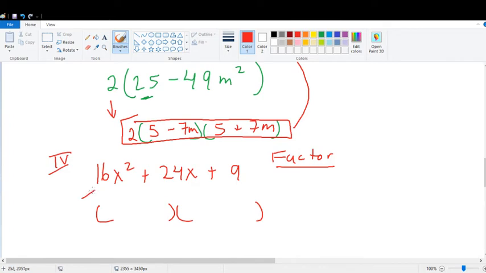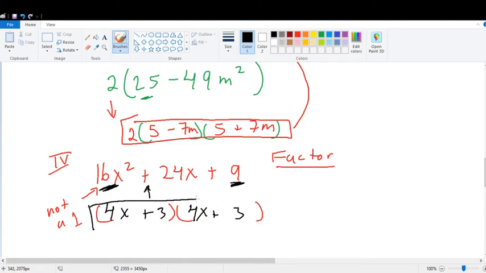So notice how this is not a 1 right now. But because both of these are perfect, I know that this is going to be 4x, 4x. That's positive, so I can do plus, plus. This is also perfect, so 3 times 3 is 9. And I have my two factors.